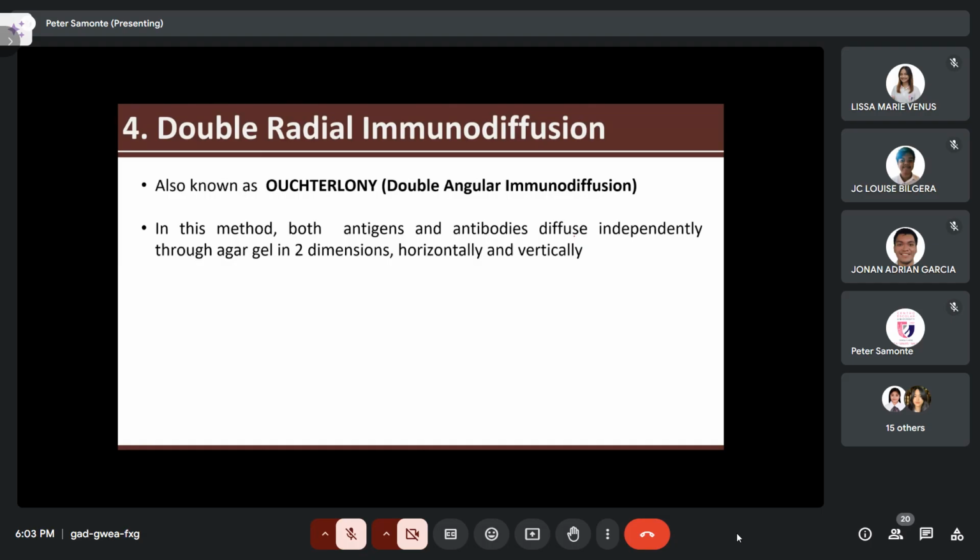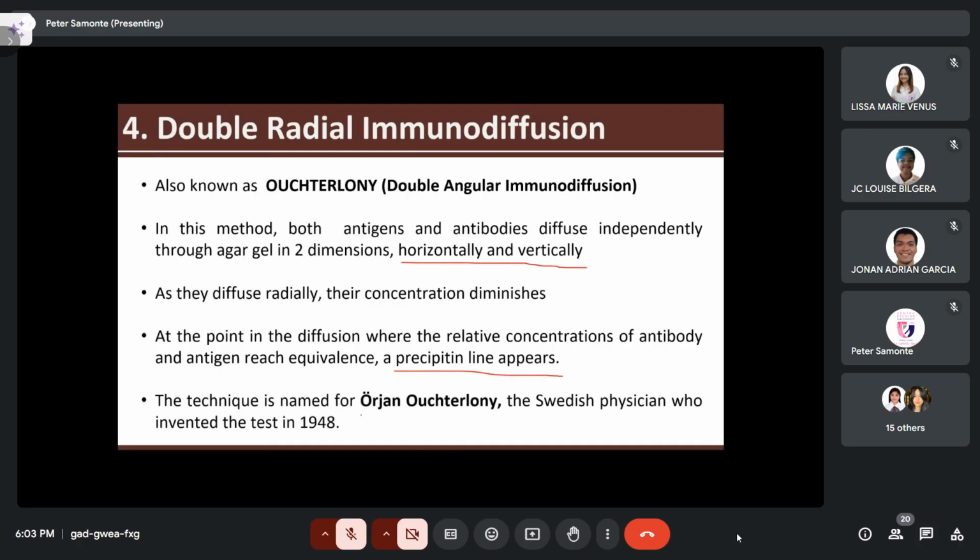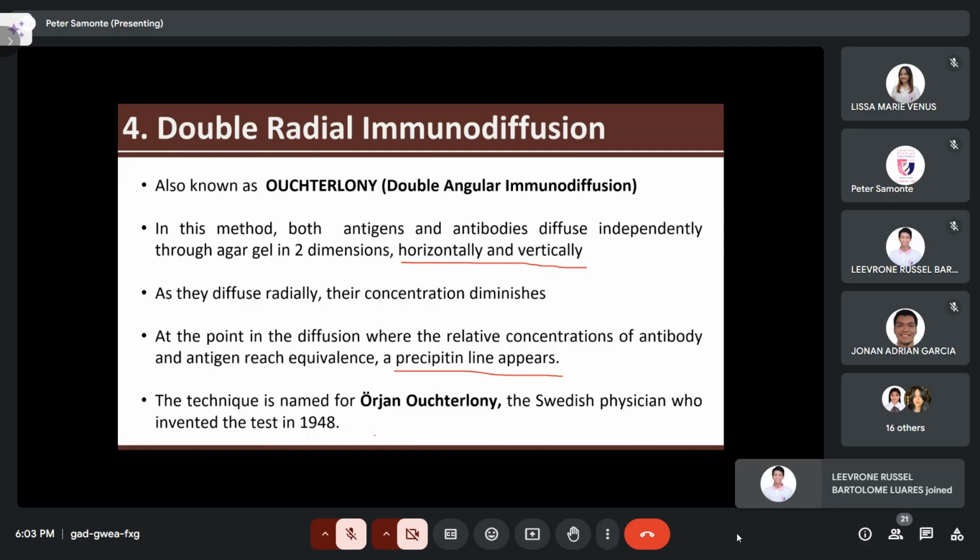In this method, yung pag-diffuse ng antigen and antibody nyo would be in two directions, both horizontally and vertically. As they diffuse radially, their concentration would diminish. At the point in the diffusion where the relative concentration of antibody and antigen would reach an equivalence, a precipitin line would appear. The technique is named for Orjan Auchterlonie, the Swedish physician who invented the test in 1948.